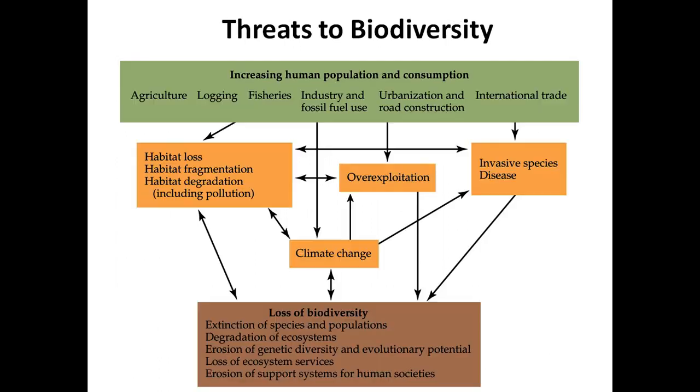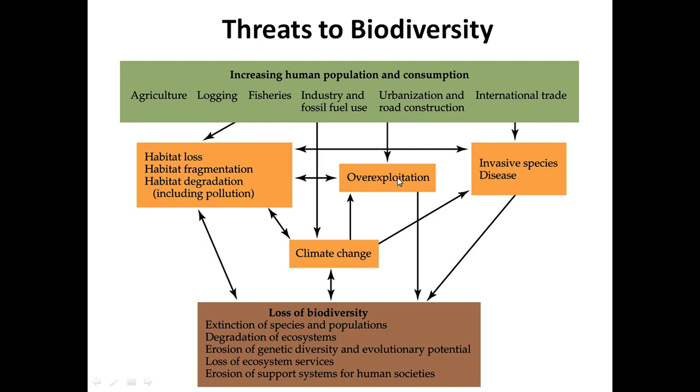And you can understand that interaction with this image. In the green box up here, it shows the human activities that may impact biodiversity, such as agriculture, logging, fisheries, and urbanization. As a result of these human activities, we create some major threats to biodiversity, such as habitat loss, fragmentation, and degradation.